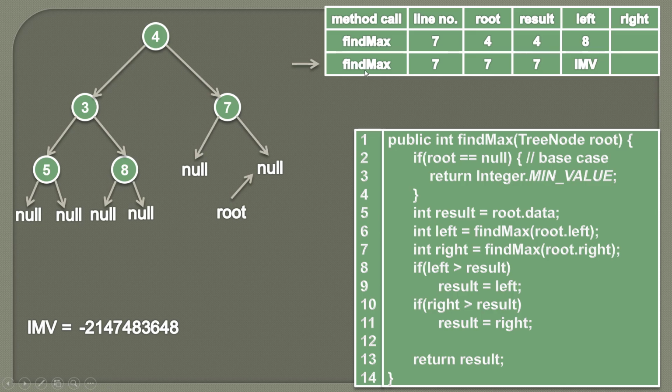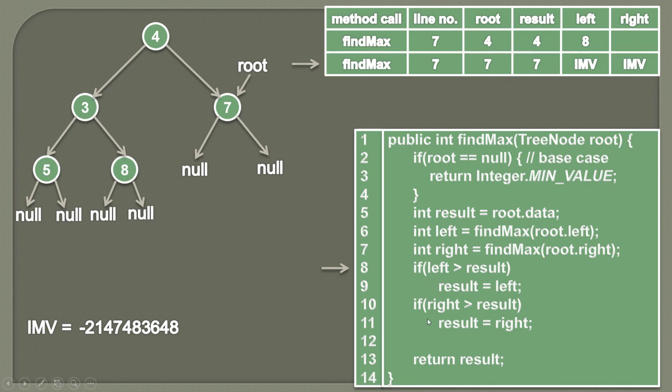So this method will again come on the call stack and will start execution from line number 7 now. So here root will now again point to 7. And this method had returned integer's minimum value, which we'll simply store in right here. And now we'll compare these three values, 7, left and right, and we know that 7 is the maximum value.